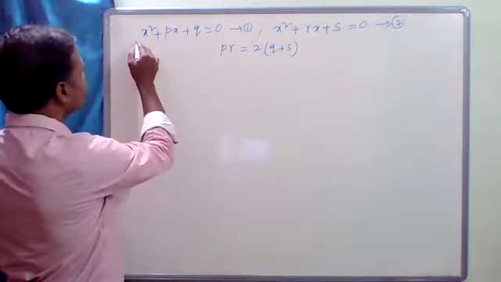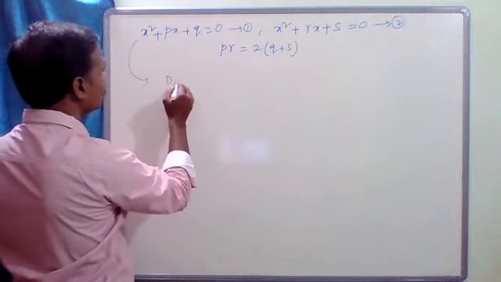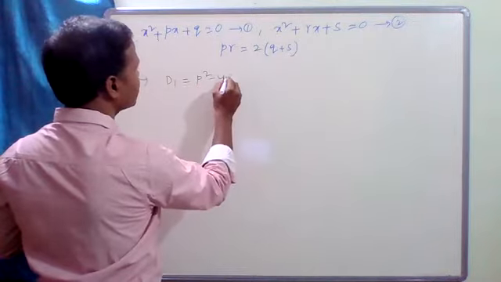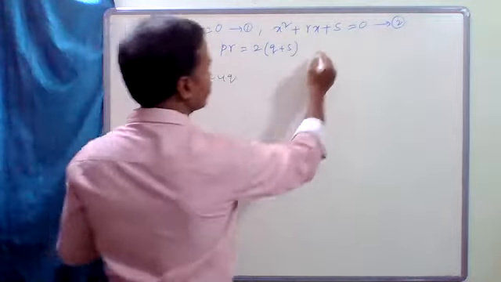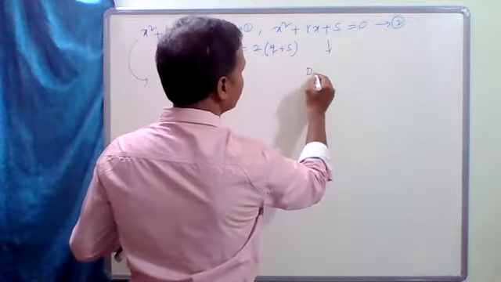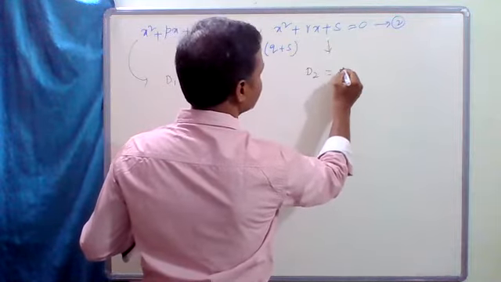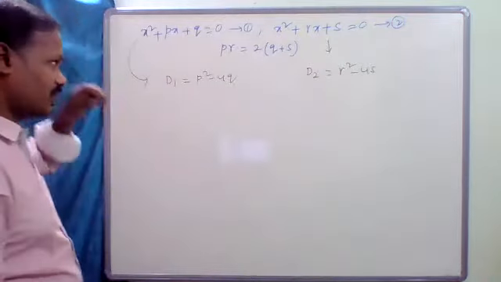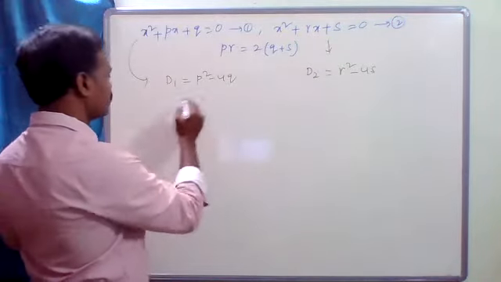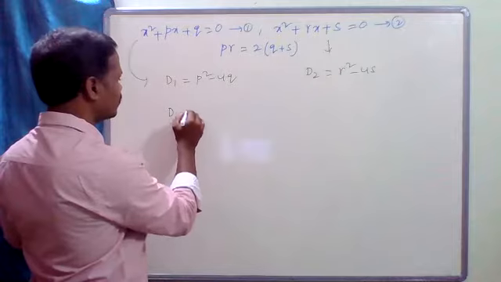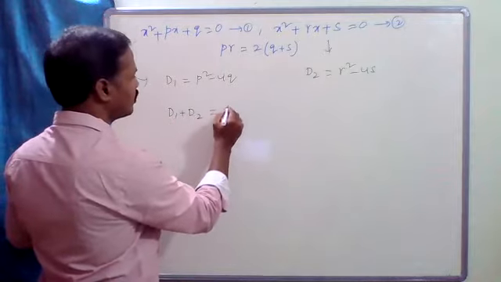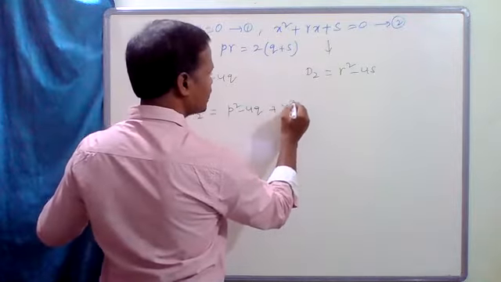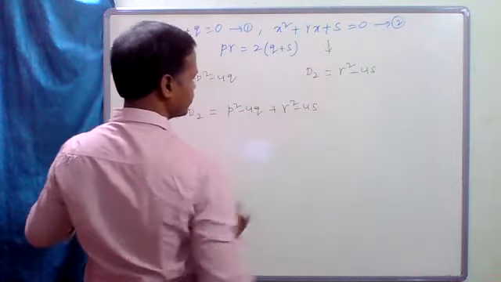So from this, d1 equals b square minus 4ac, and d2 equals r square minus 4s. Now calculate d1 plus d2. So d1 plus d2 equals p square minus 4q plus r square minus 4s.